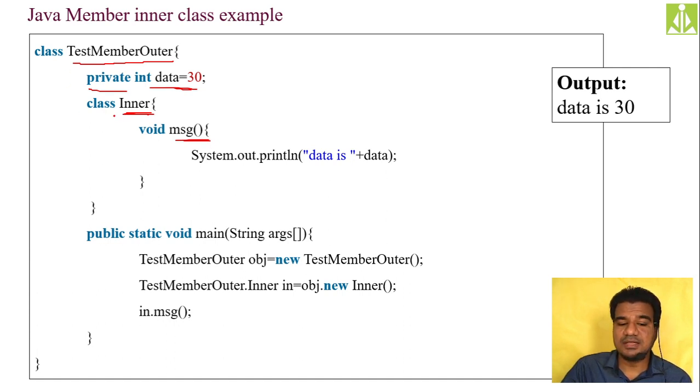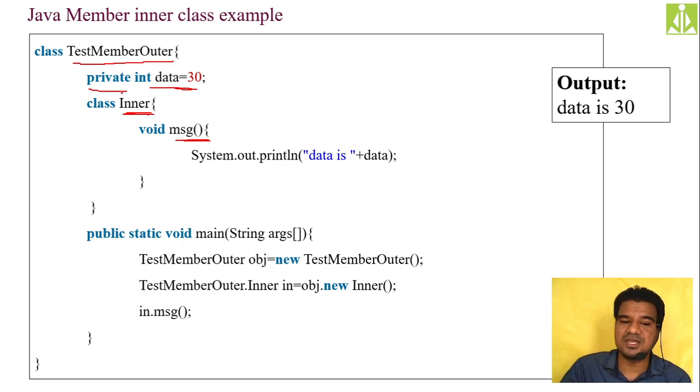See over here, this inner class is non-static, so you cannot access this inner class with the reference of the outer class name. In order to access the inner class, you need to depend on the object of this outer class, because it is non-static.